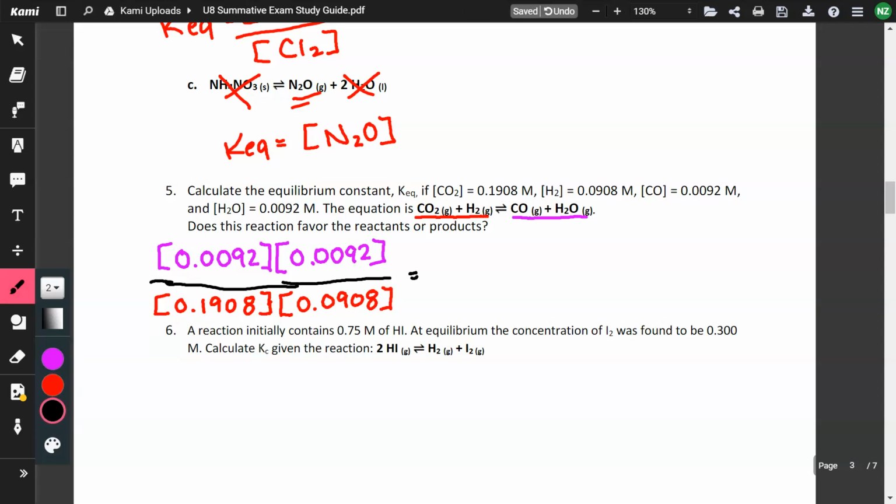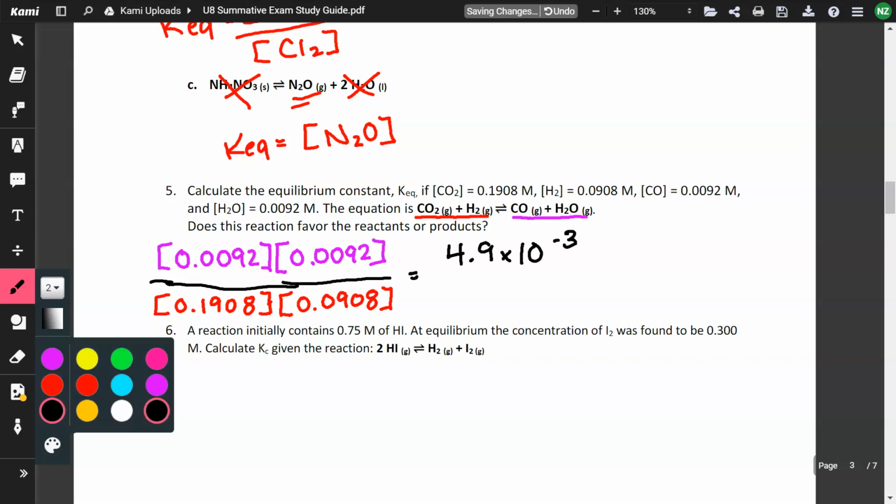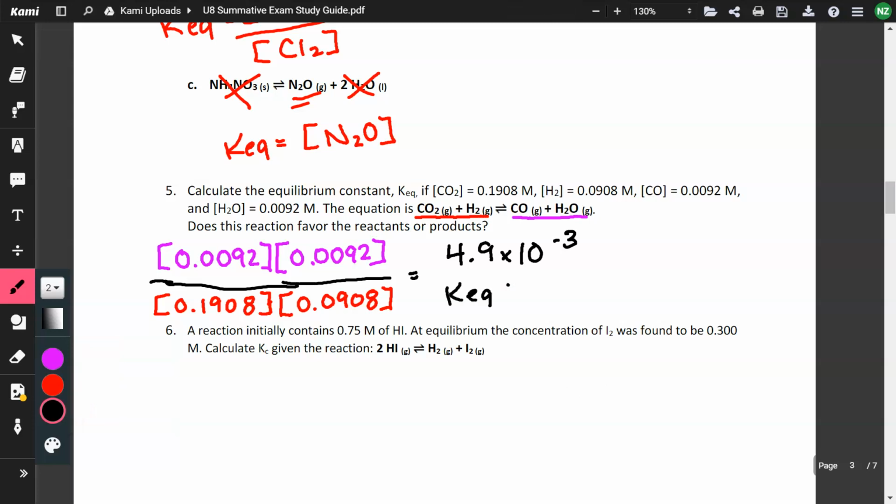Okay, when you plug this in your calculator, you're going to get 4.9 times 10 to the minus 3. Since this is less than 1, KEQ is less than 1, it's going to favor the reactants.